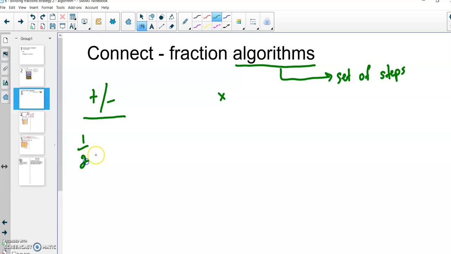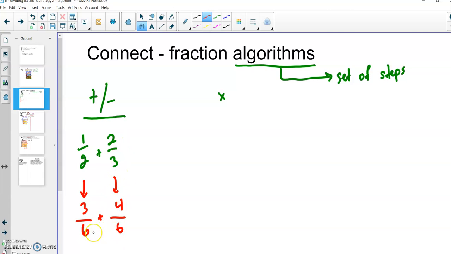So for adding and subtracting fractions in 5th grade, you learn the algorithm kind of works like this. If you wanted to add 1/2 plus 2/3, you learn, well, you can't actually add those because they don't have the same denominator. So you learned to change these into fractions that do have the same denominator, and then you could add them. So in this case, a good common denominator would be 6. 1/2 is 3/6. 2/3 is 4/6.